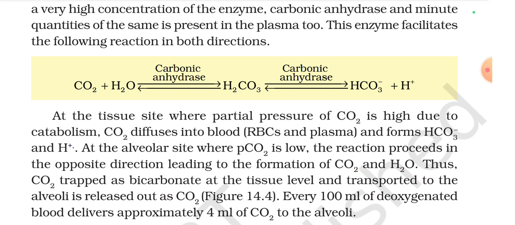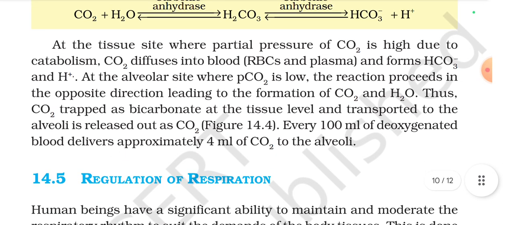At the tissue site where partial pressure of CO2 is high due to catabolism, CO2 diffuses into blood, RBCs and plasma, and forms bicarbonate ion, that is HCO3 minus and H plus.